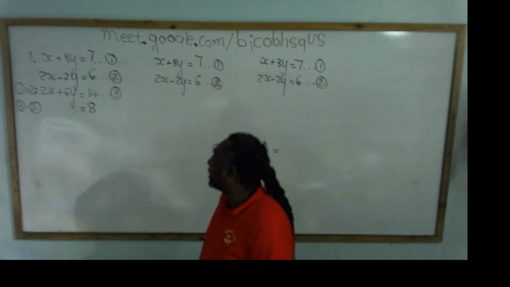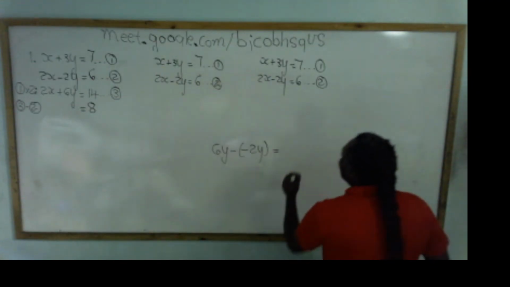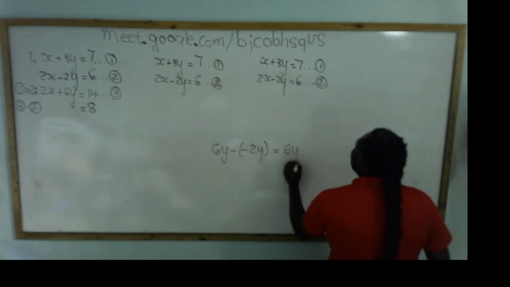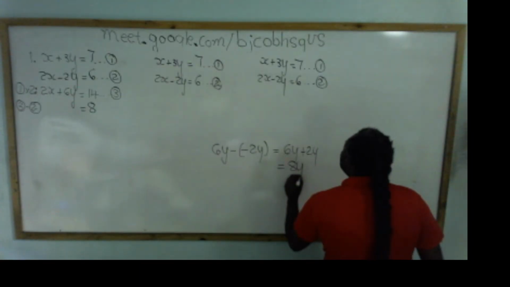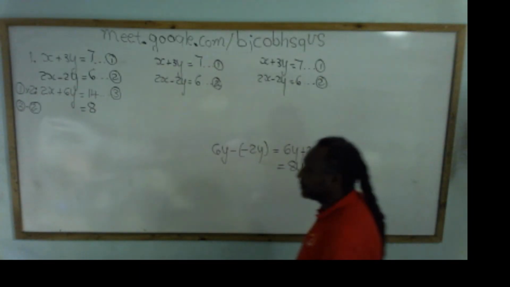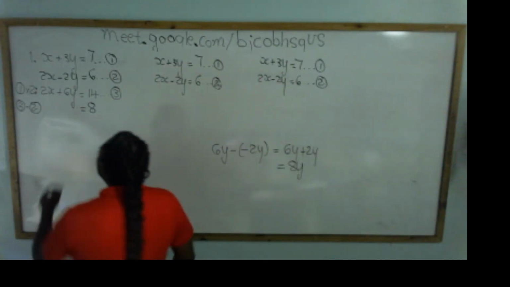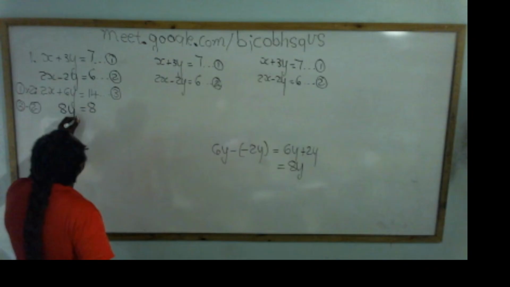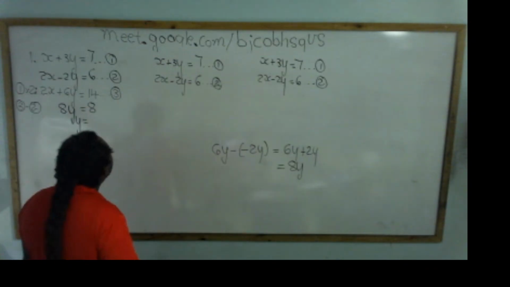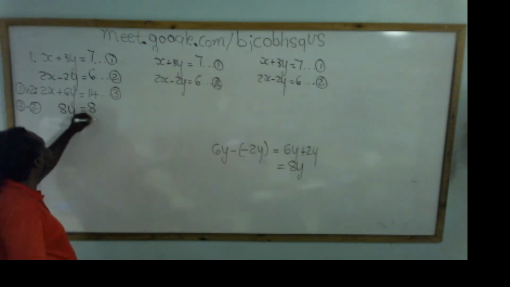Because of that, let us do it in 2 steps: 6y plus 2y, and that is equal to 8y. So what we have here is 8y is equal to 8, and everyone can see what y is equal to in a second.